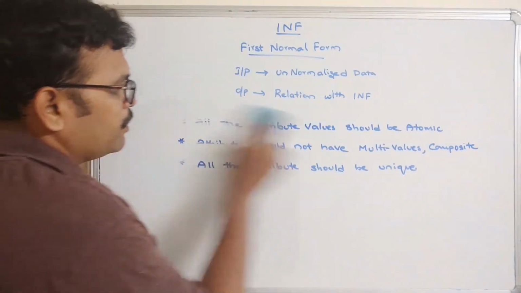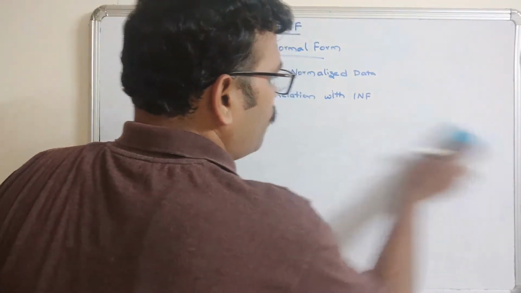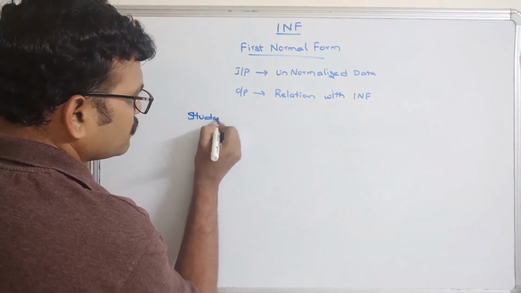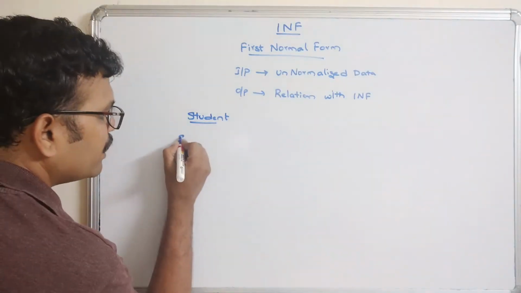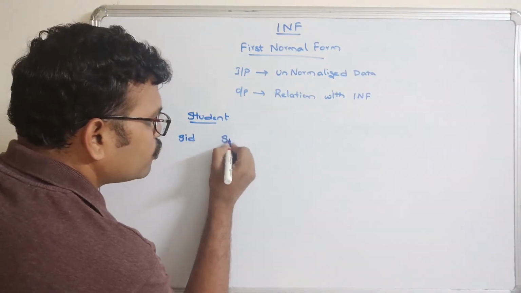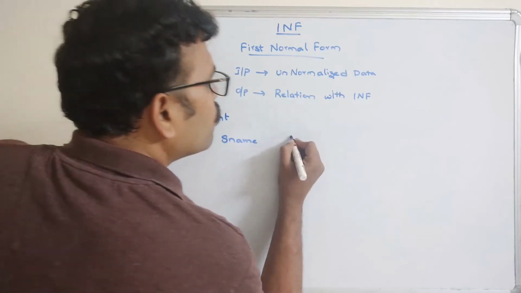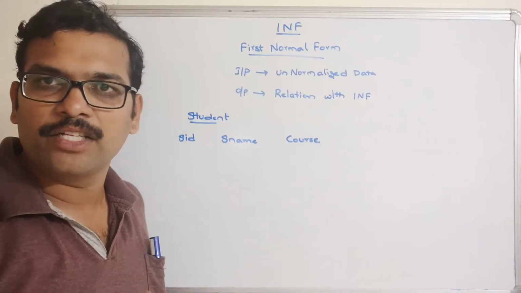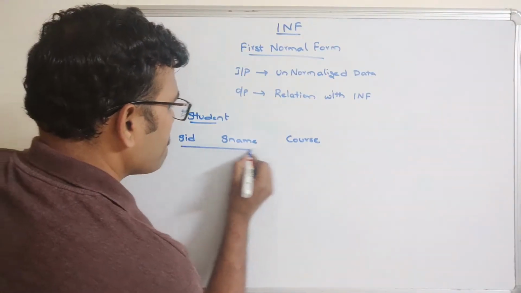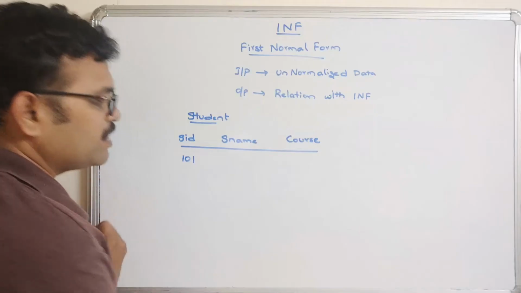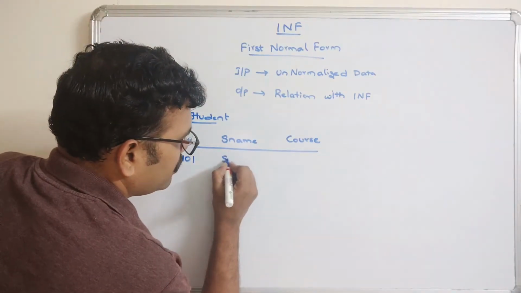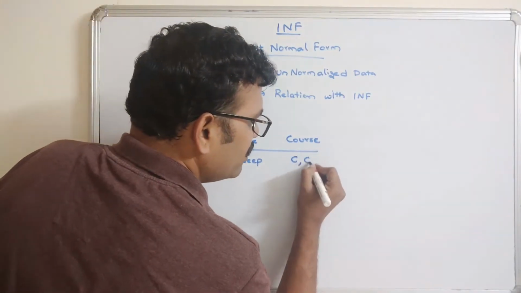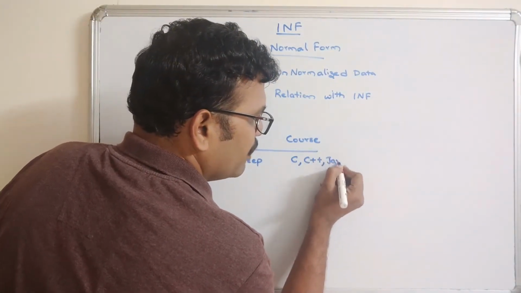Let me tell you an example. This is a very simple normal form. Let us take the student details, a student table with a student ID, student name and the course enrolled by the student. Let 101 be an ID, Sundeep is the student name. Sundeep enrolled in C, C++, Java.